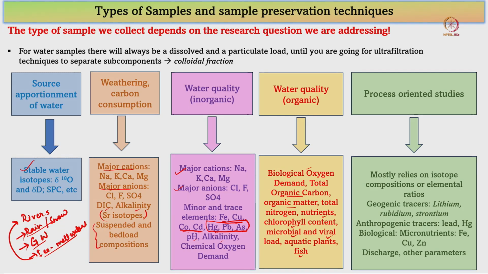Bioassessments are often done to see how the ecosystem is responding to different interventions. Apart from this, there can be a multitude of process-oriented studies, with no limit to the kinds of processes you can study, and those studies mostly use multiple types of data sets, the most important being the usage of isotopes.